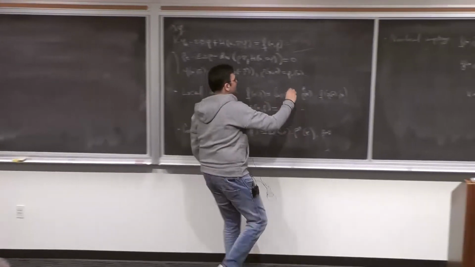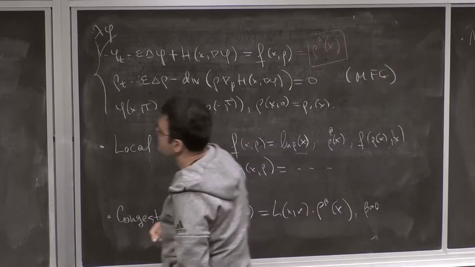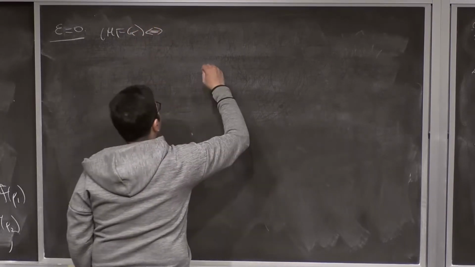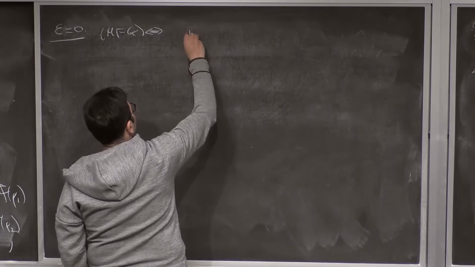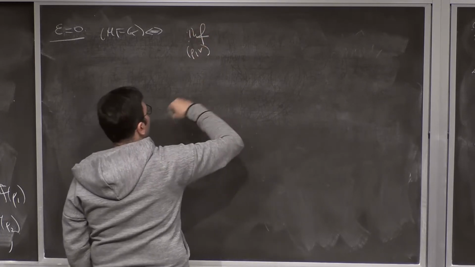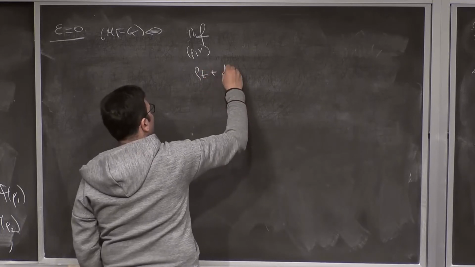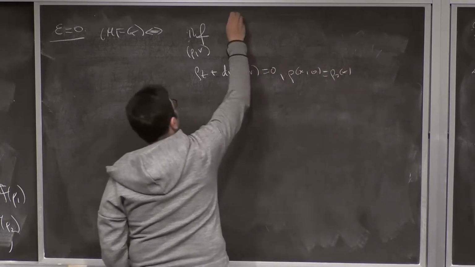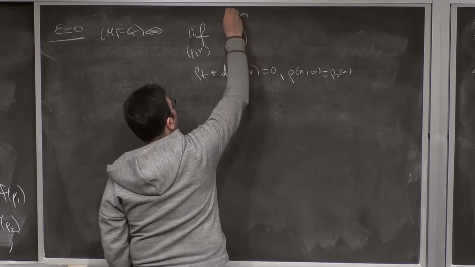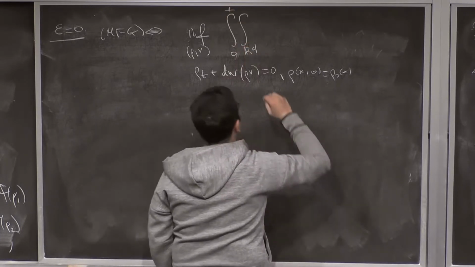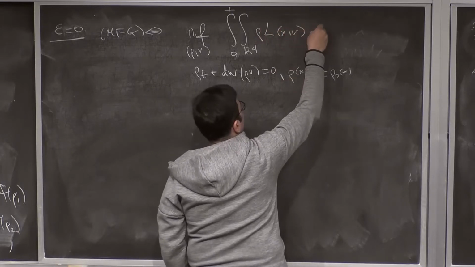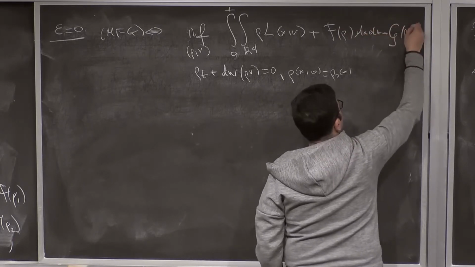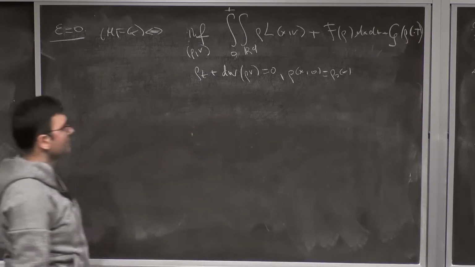Let's number this, let's say MFG. MFG is equivalent to the following optimization problem.